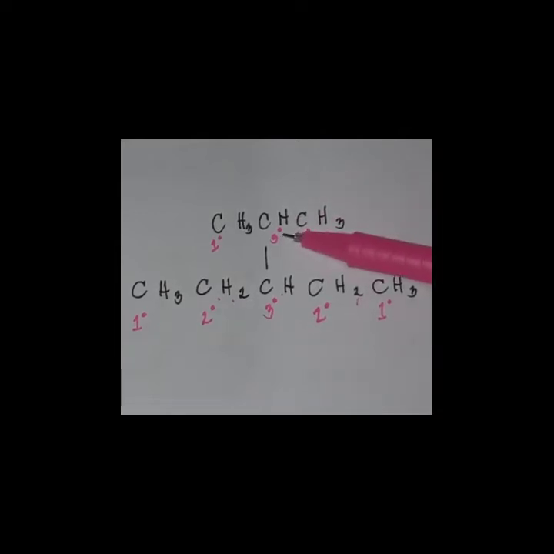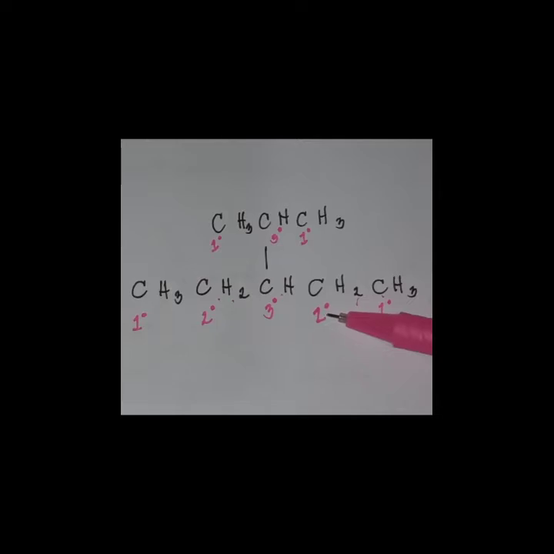This carbon is also bonded to 3 carbon atoms, 1, 2, and 3, so it is identified as a tertiary carbon. This carbon atom is a primary carbon, and also this carbon atom is a primary carbon, because each is only bonded to 1 carbon. This carbon atom is identified as a secondary carbon because it is bonded to 2 carbons, 1 and 2.